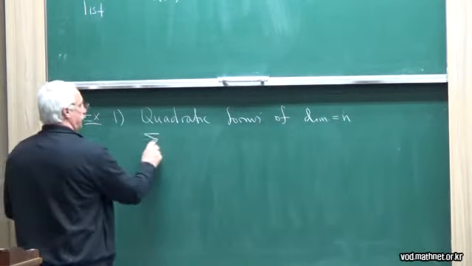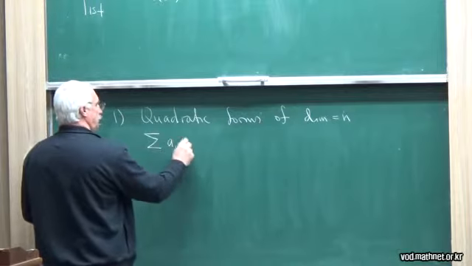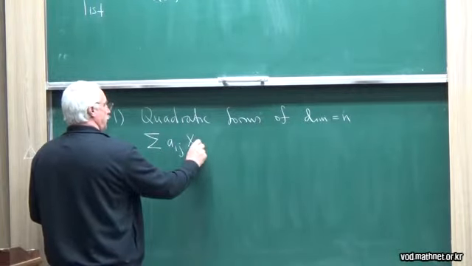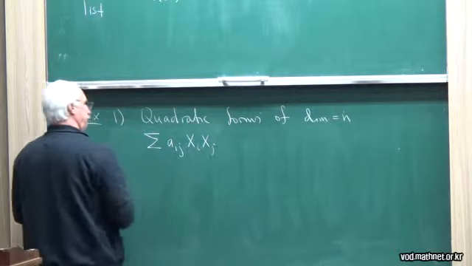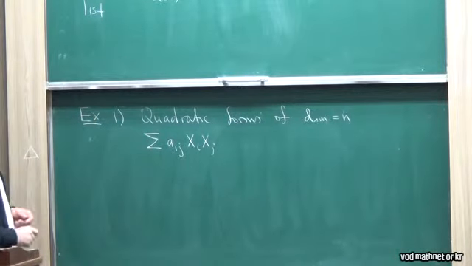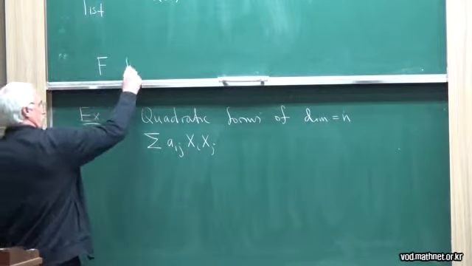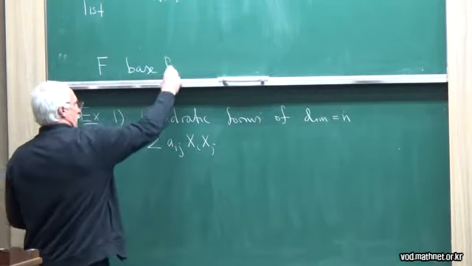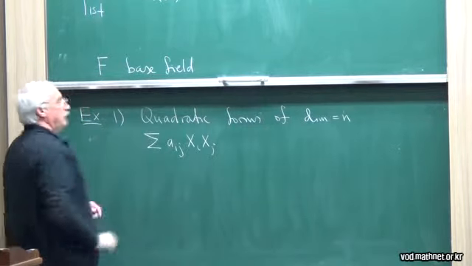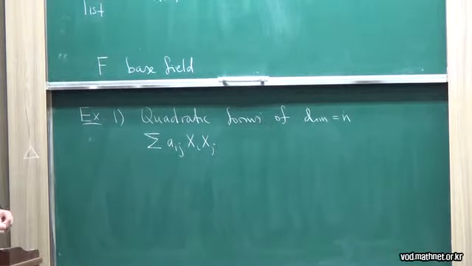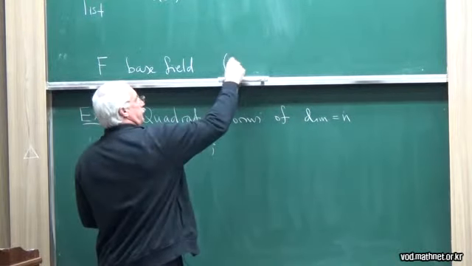It can be written in this form: the sum of a_ij x_i x_j, where x_i, x_j are variables and a_ij are the coefficients. Well, for technical reasons, it is convenient to choose a base field F, which can be any field. In particular, it can be the field of complex numbers. It's a possibility.